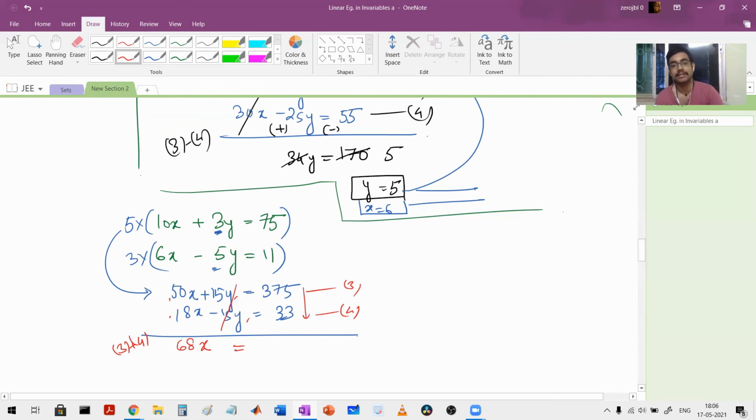This will be cut. This is equal to 408. So if you cut it, 68 8s are 408. 68 6s are 408. So x is equal to 6. Put that value anywhere, you get y is equal to 5.